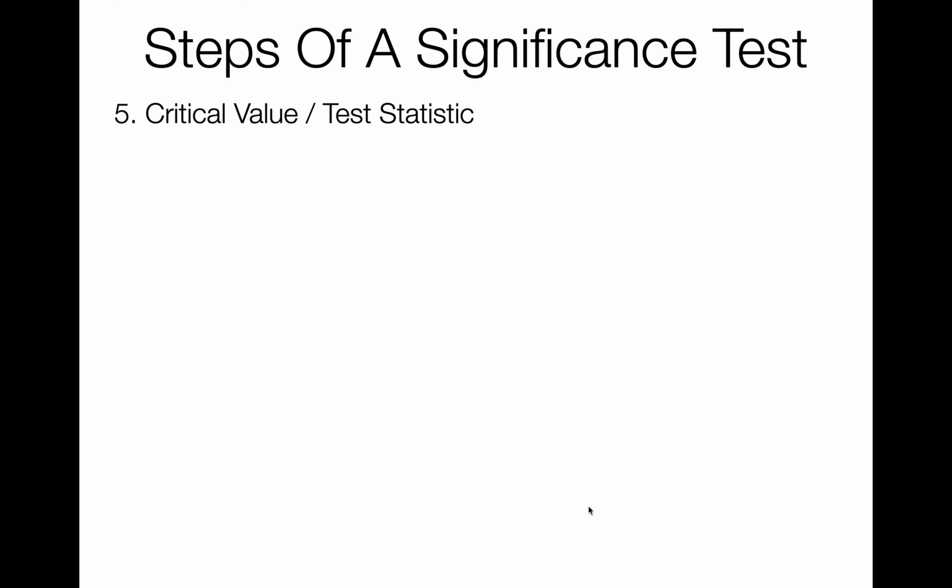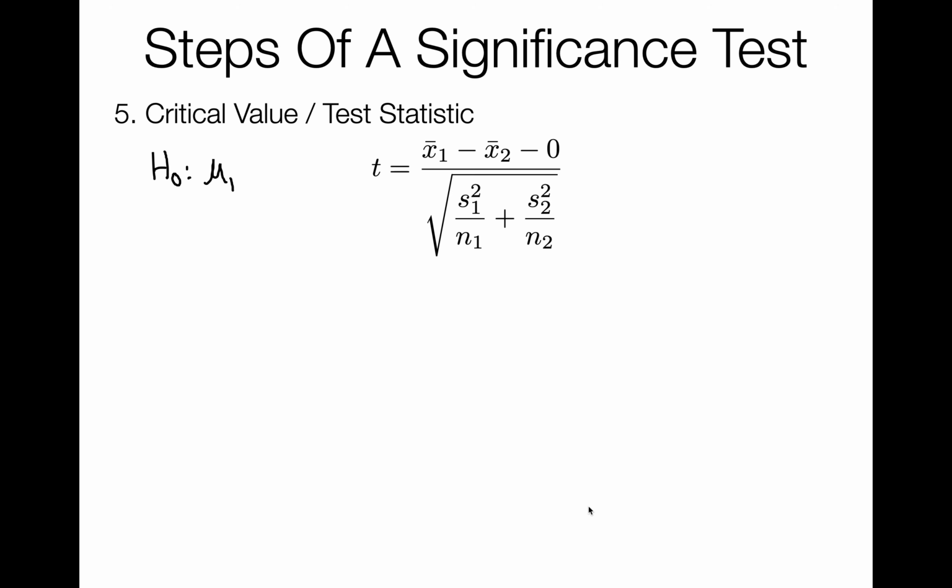This is where it changes. The test statistic for a two-sample test for difference of means: we have a whole bunch of situations here. For independent samples with unequal variances, this is the test statistic. X bar 1 minus X bar 2, which is the sample... Actually, another way that you could have written the null hypothesis is that the difference of the two means is equal to 0.